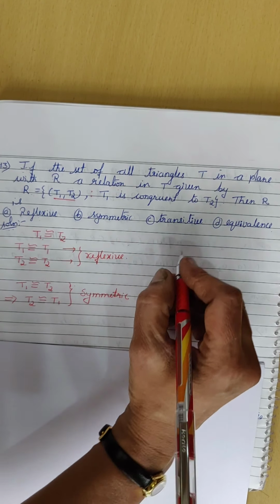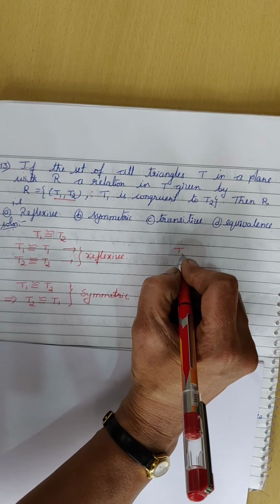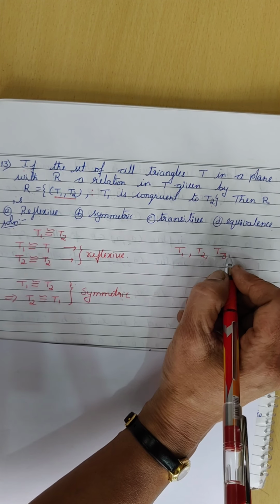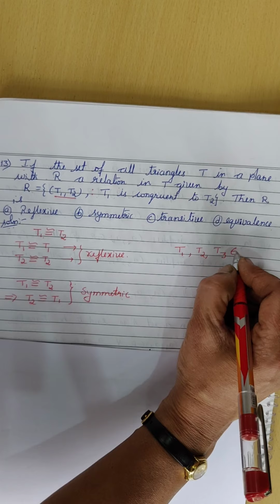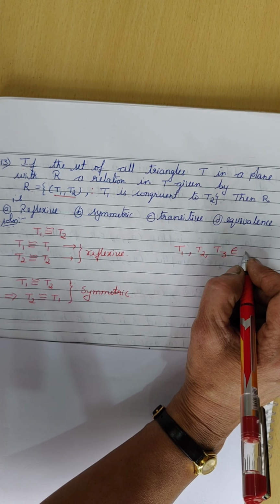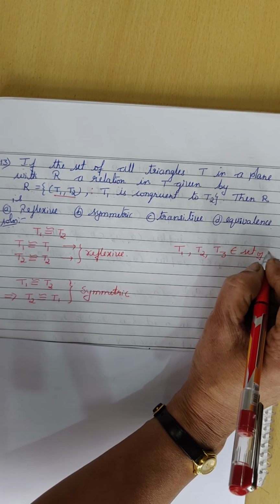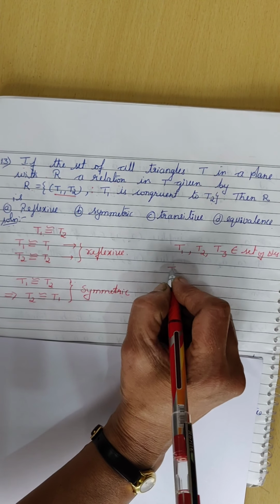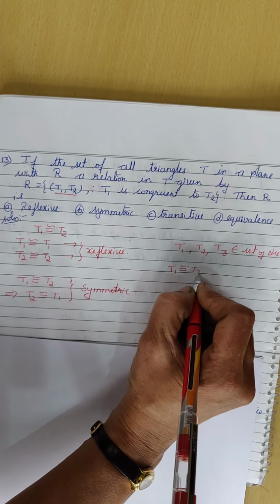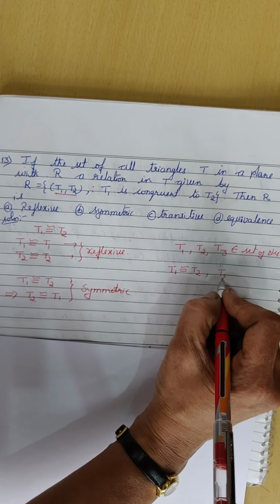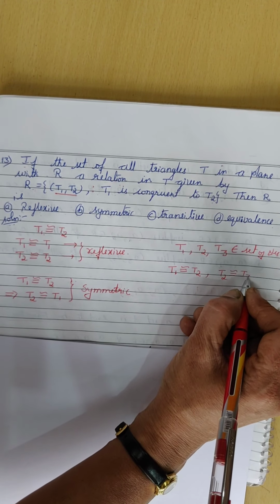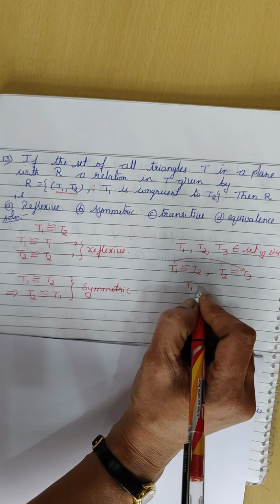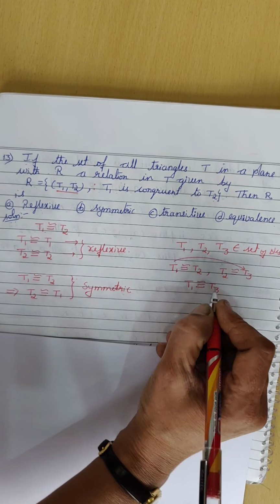Now let us take three triangles T1, T2, T3. These all belong to the set of triangles in a plane, whatever they have given for us. Now T1 is congruent to T2, then T2 is definitely congruent to T3, and because of that, T1 is congruent to T3.